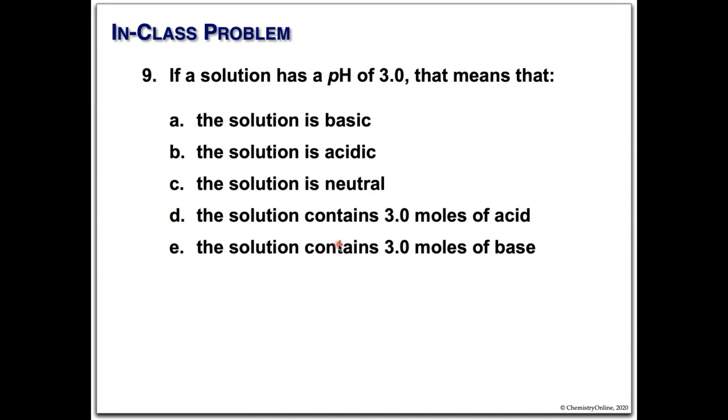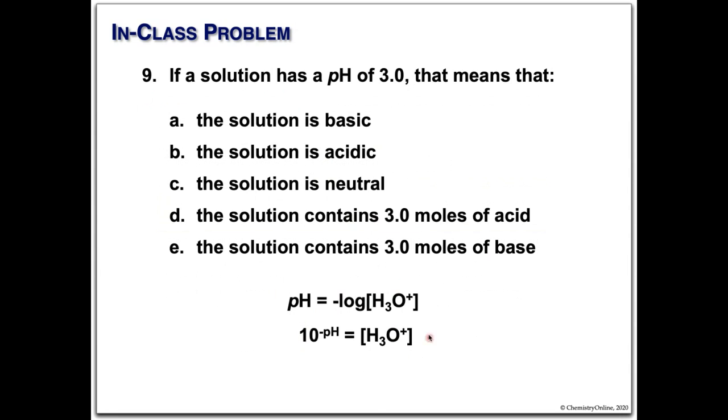We have a solution, and it has a pH of 3. Now, what does that mean? Solution is basic, it's acidic, it's neutral, it has 3 moles of acid or 3 moles of base. Simple thing to remember. pH equals minus log hydronium. Here we have rearranged this, taken the anti-log.